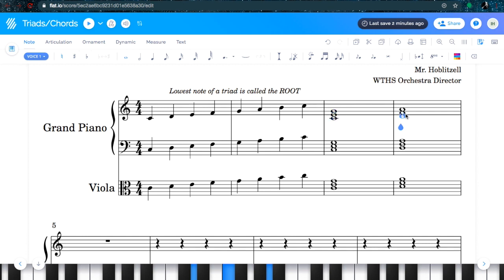So they're inverted recipes. So if you have a minor third and then a major third on top, you have a minor triad. If you have a major third on the bottom and then a minor third above it, you have a major triad.